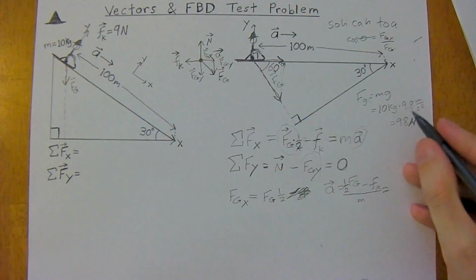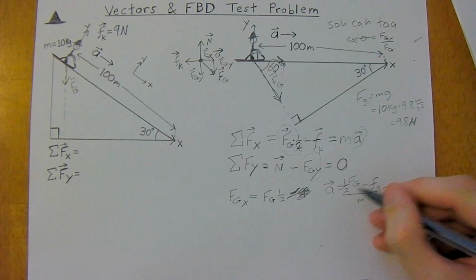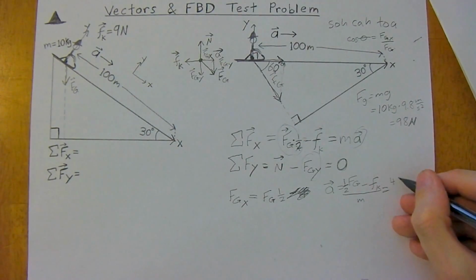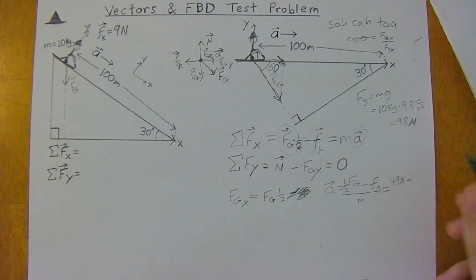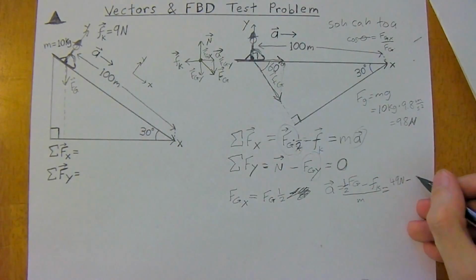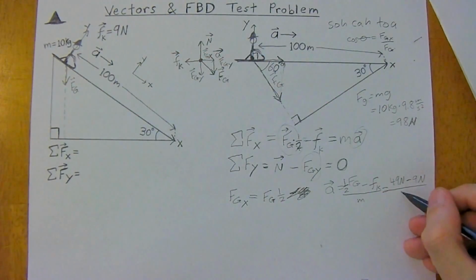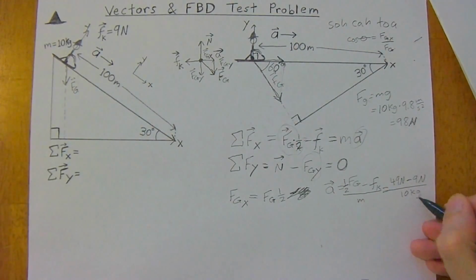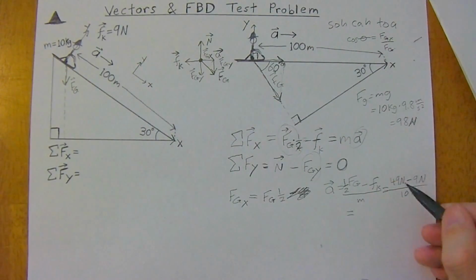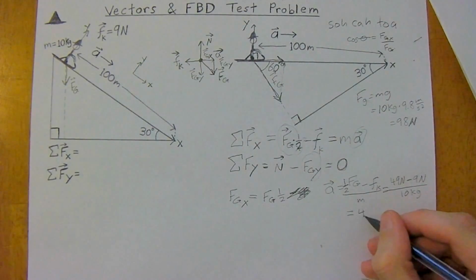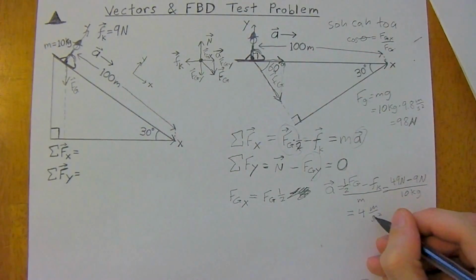And 1/2 of 98 is 49 newtons, minus, we know kinetic friction is 9 newtons, and we know the mass is 10 kilograms. So the acceleration is 49 minus 9 divided by 10, so 4 meters per second squared.